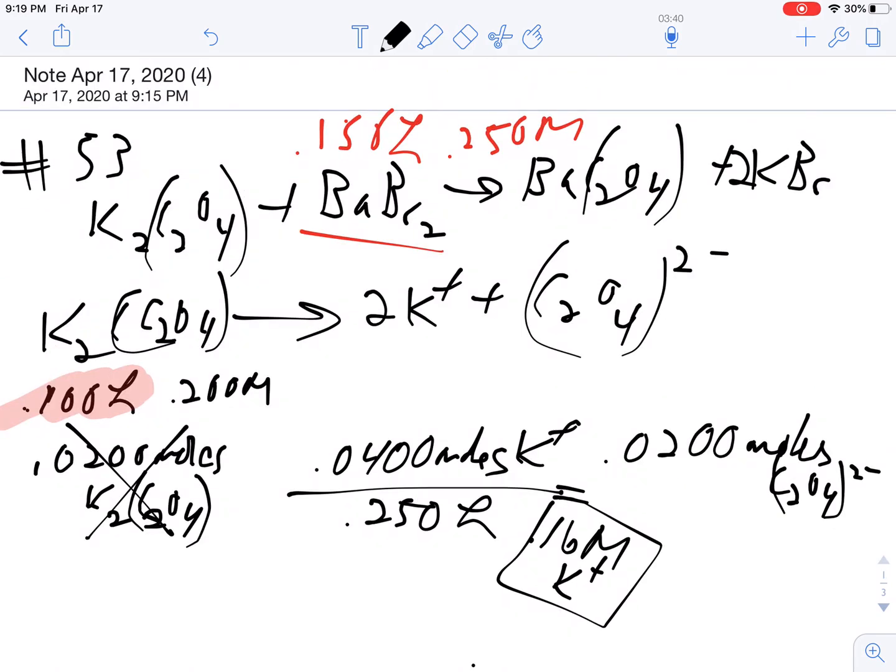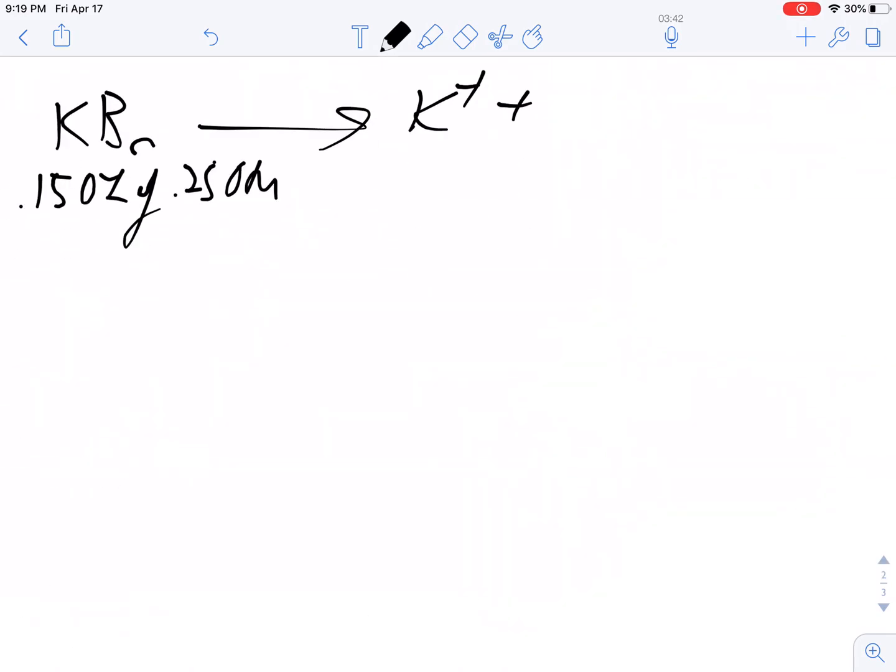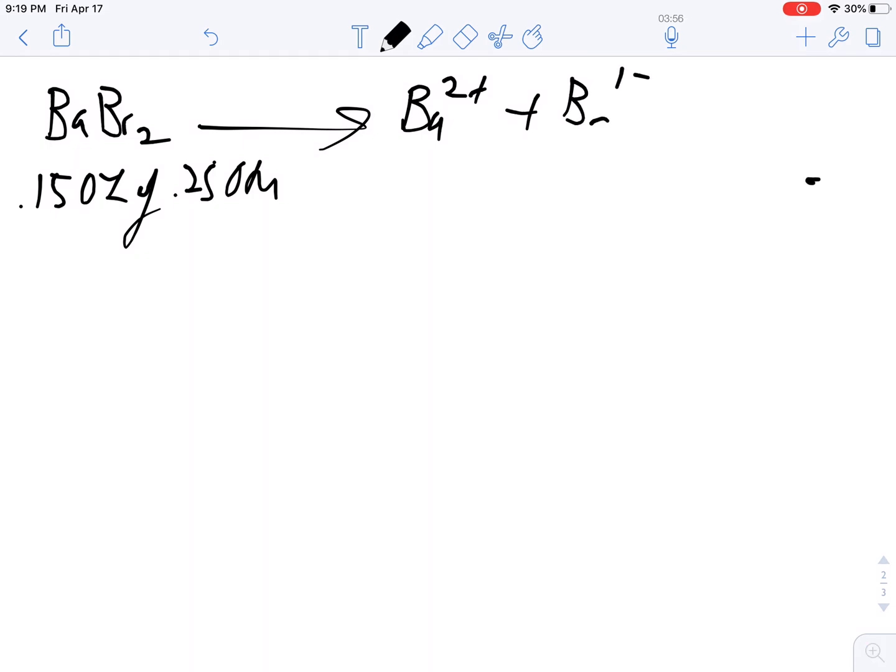Whoops, wrong one. Barium bromide. It'll completely break apart because it's a halogen. So how many moles of the barium bromide do I have? Just multiply the volume by the molarity.